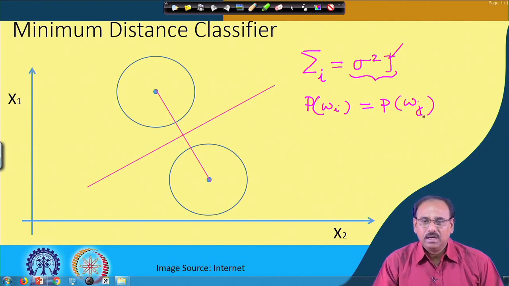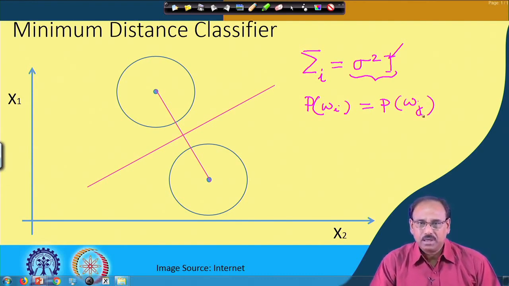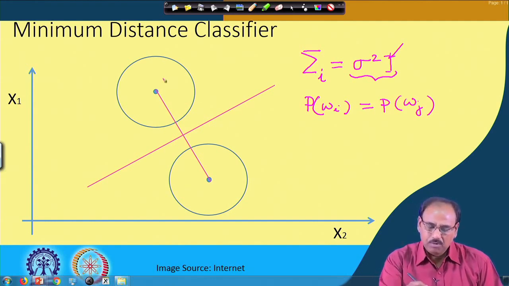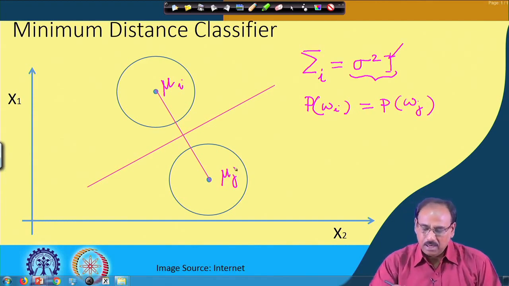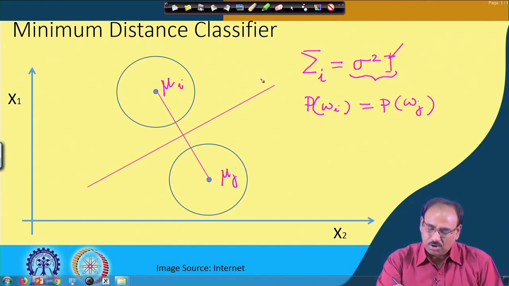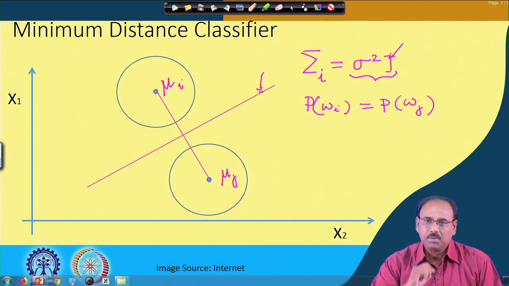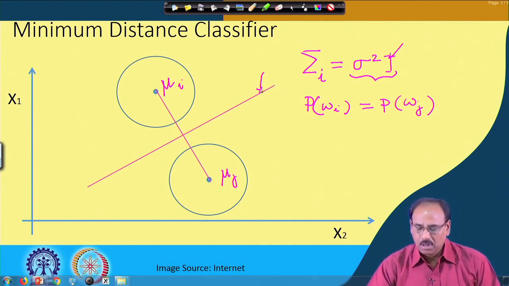Not only that, it was the perpendicular or orthogonal bisector of the line joining the mean points mu i and mu j. So if this is mu i and this is mu j, then the line joining mu i and mu j is bisected orthogonally by the decision boundary between these two classes. This was one of the cases in which I can separate two classes by a linear boundary.